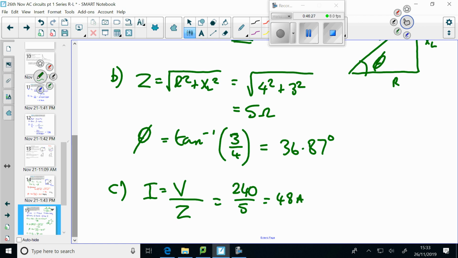And then the angle is what we calculated earlier, 36.87 degrees. And because that's inductive, it's lagging. CIVIL: current lags voltage.